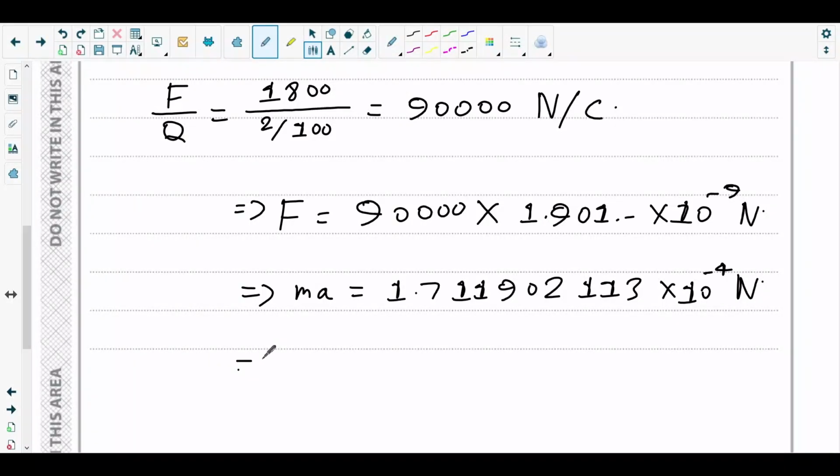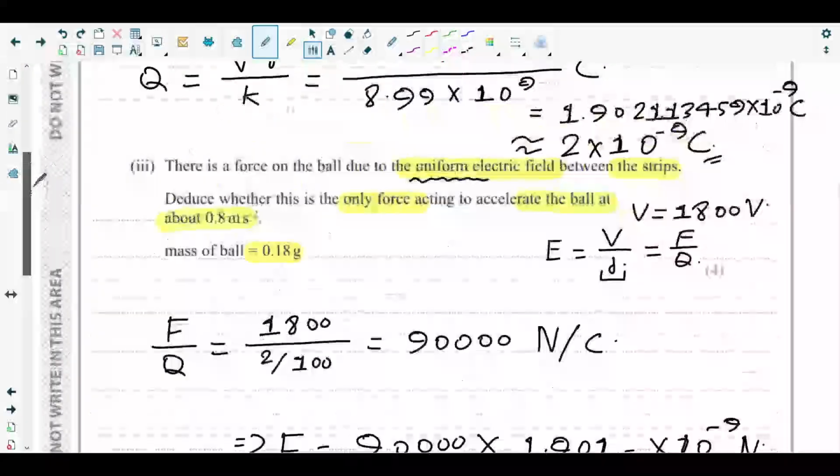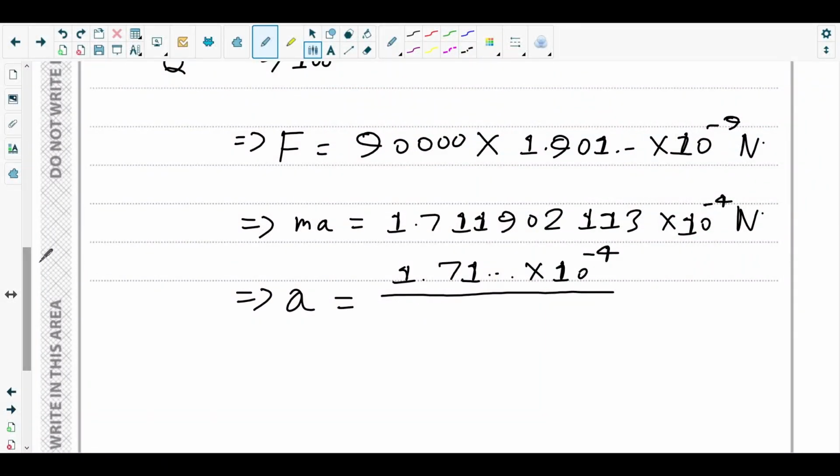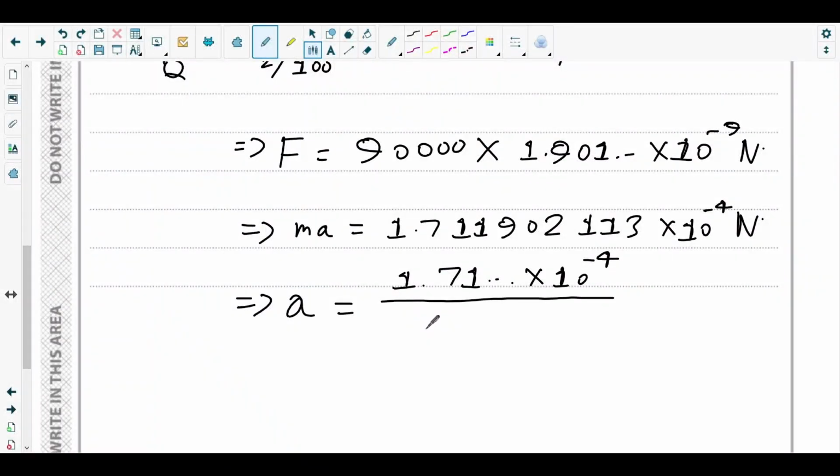So we will divide that by the mass. So 1.71 times 10 to the power minus 4 divided by the mass, which is 18 grams. Okay, not 18, it is 0.18 grams, so 0.18 times 10 to the power minus 3, that is 0.18 divided by 1000.